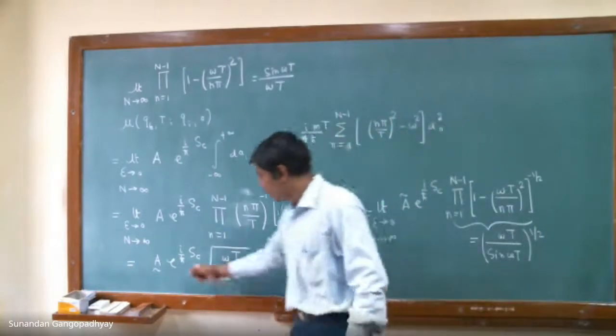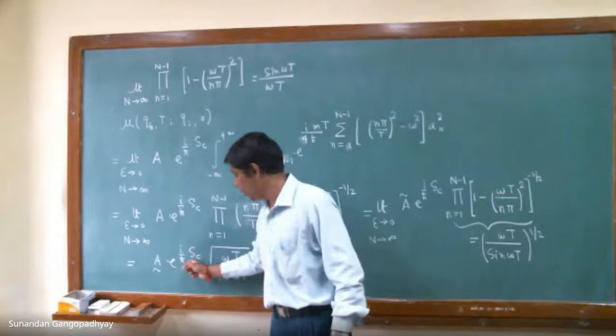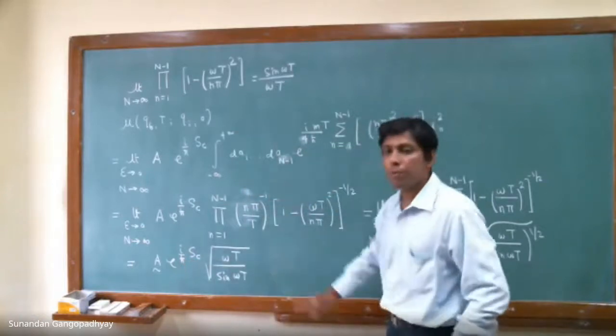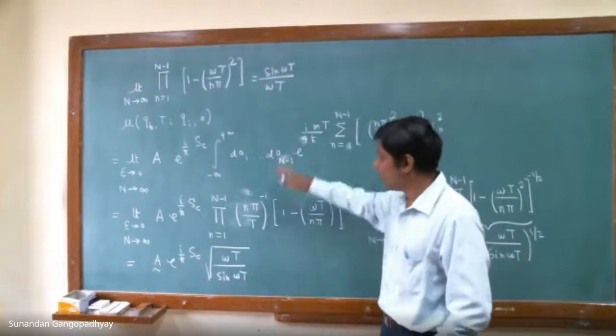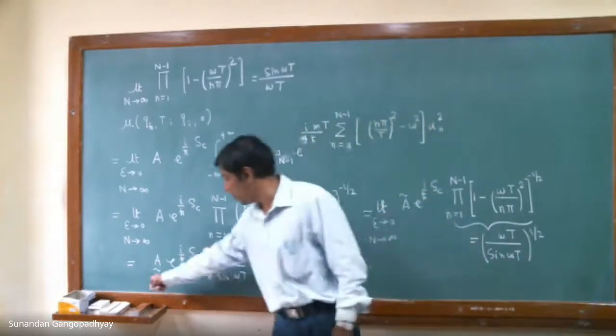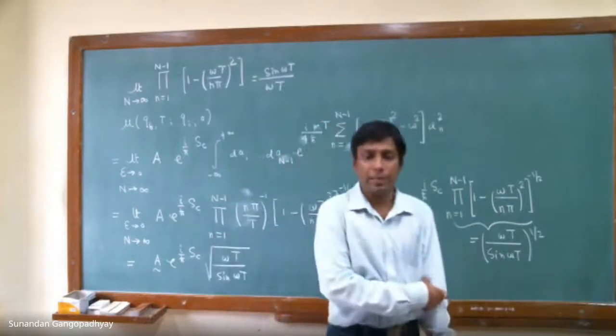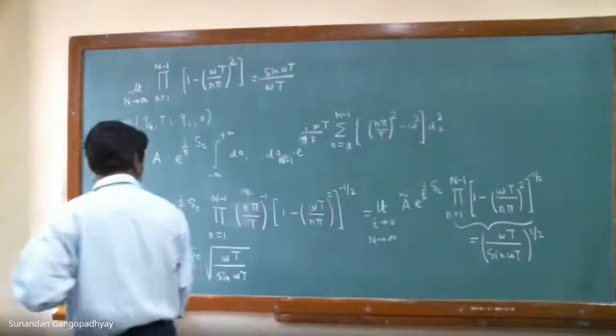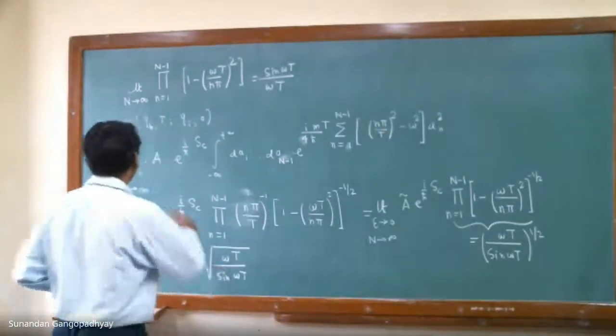So we know this value, and now the full computation is complete. The only thing left is to evaluate this constant A tilde. How do we do that? It's simple.